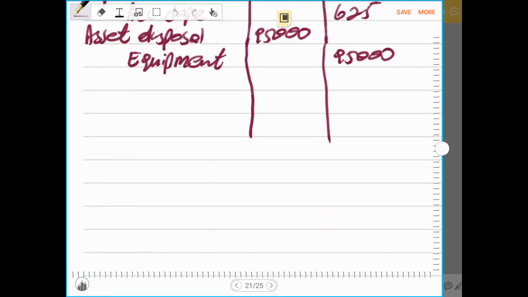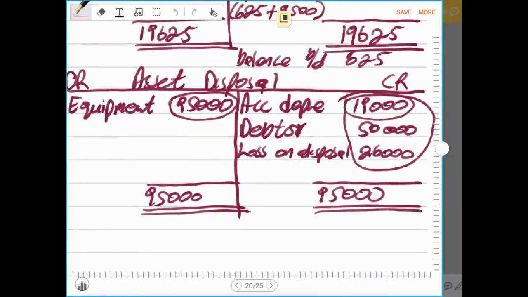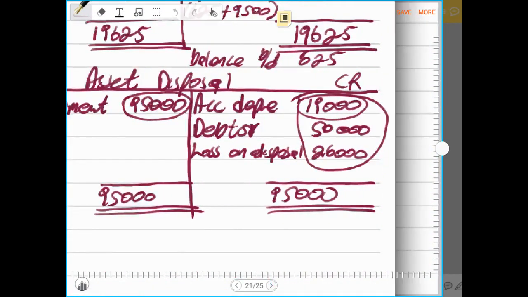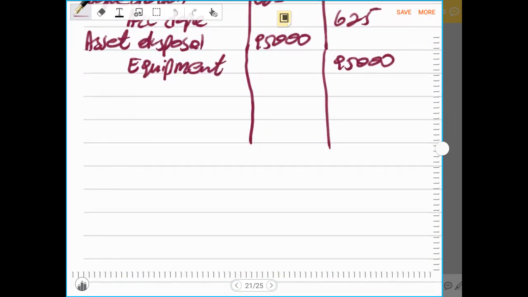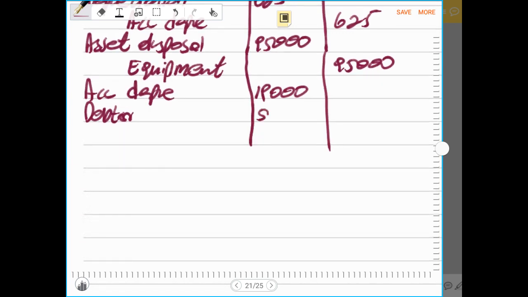We debit accumulated depreciation. There we go. We debit accumulated depreciation 19,000 rands, and we debit a debtor by 50,000 rands.